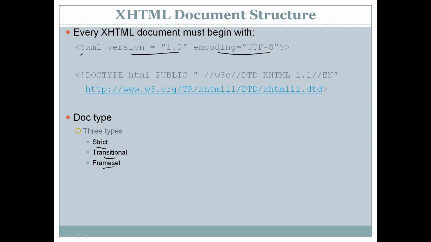There are a few XHTML elements and attributes which are available in one DTD but not available in another DTD. Therefore, while writing your XHTML document, you must select your XHTML elements or attributes carefully. That is the reason while writing our XHTML document we have to choose the correct document type definition. As I've said, the most common one is transitional.